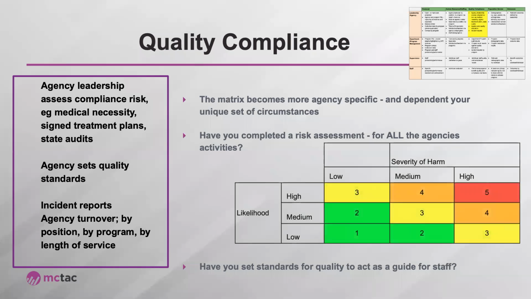And here's a very simple example of how you might go about looking at a risk assessment. There are many examples of this online, but this is a fairly simple matrix, a very simple way of looking at the likelihood of something happening versus the severity of harm to the agency if it does happen.